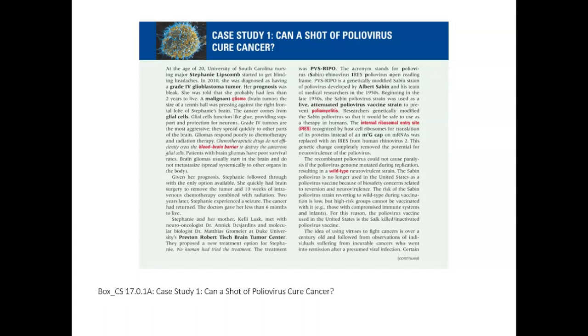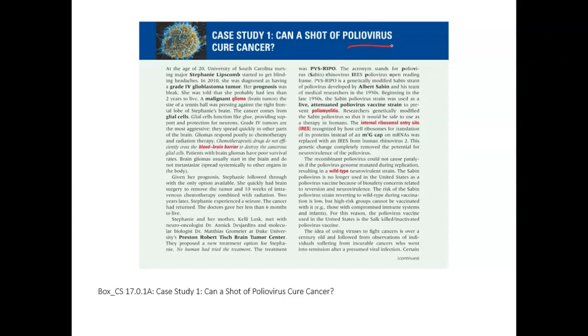Okay, so this is going to be part 2 of our oncolytic therapies and gene therapies. So this example in your textbook, they're talking about using a modified poliovirus to treat a brain tumor.